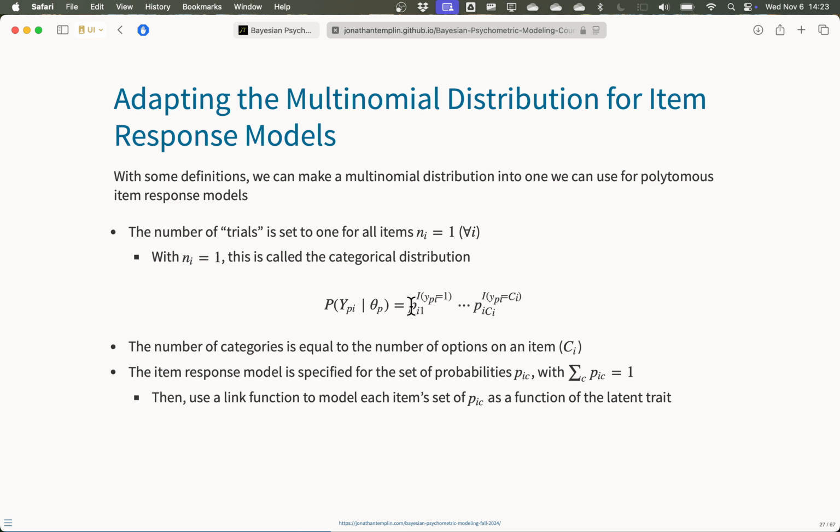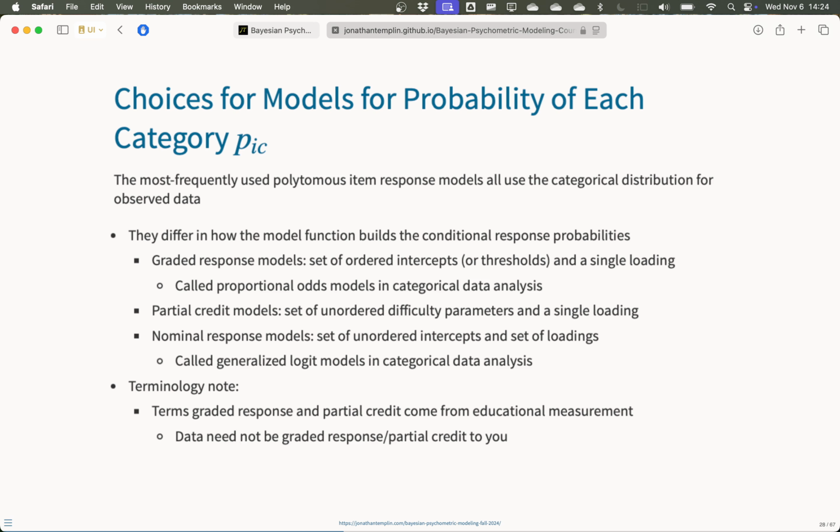So psychometric models that use this distribution end up having a set of what we call submodels. Submodels basically take the probability that's estimated, here all but the last probability, and put a model onto that, the psychometric model itself. The different types of models for polytomous data in item response theory, or item factor analysis, differ in how the model function builds the conditional response probabilities.